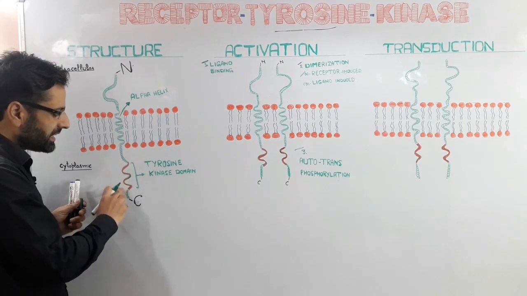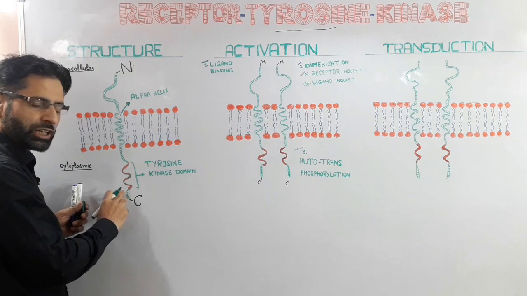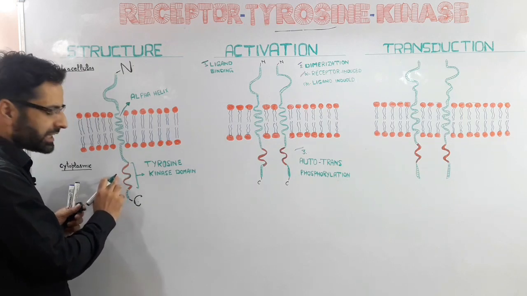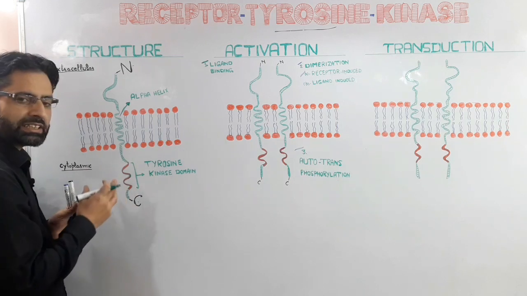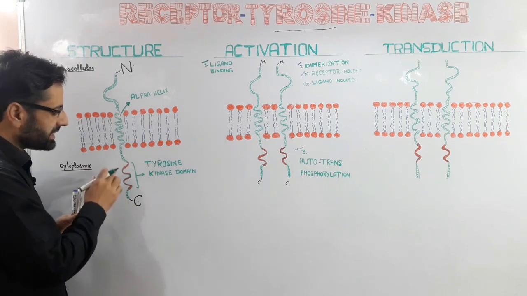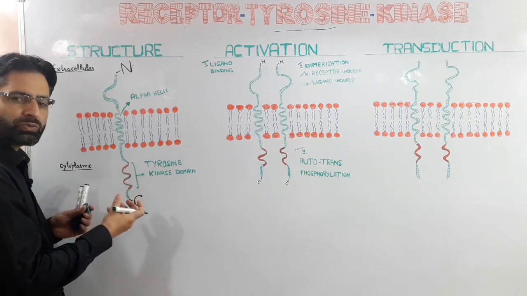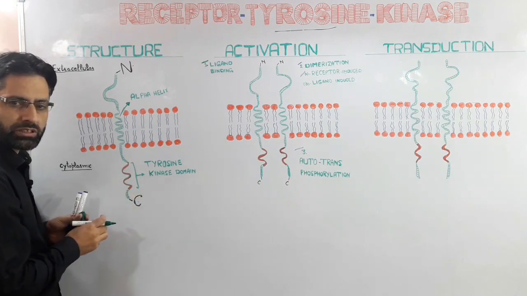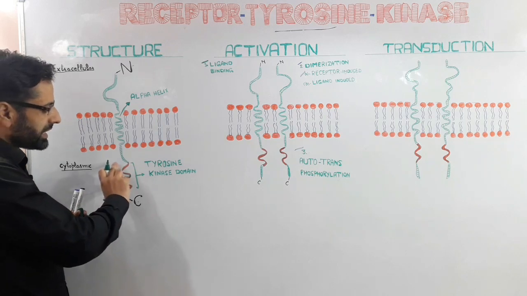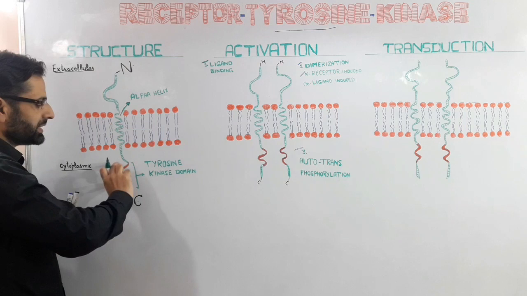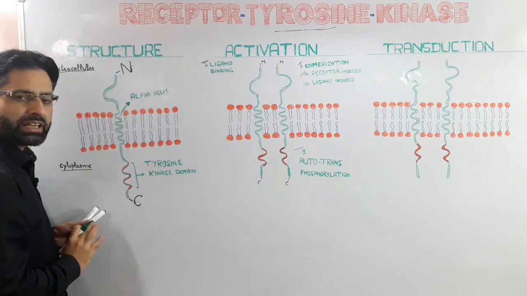Then towards the C terminal, within the cytoplasmic domain, we have the tyrosine kinase domain. This is the domain which shows the enzymatic activity. It phosphorylates the tyrosine amino acids. So we have this tyrosine kinase domain and this alpha helix domain, and these two domains are present between the C terminal and N terminal.